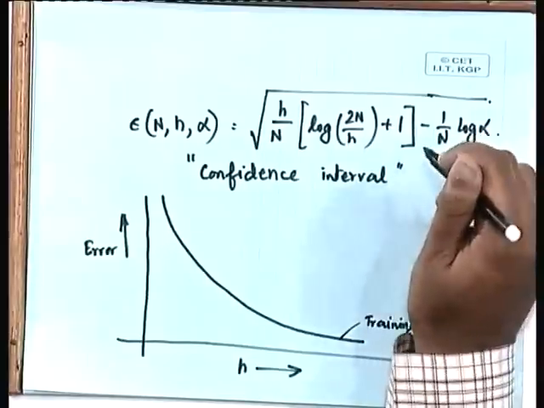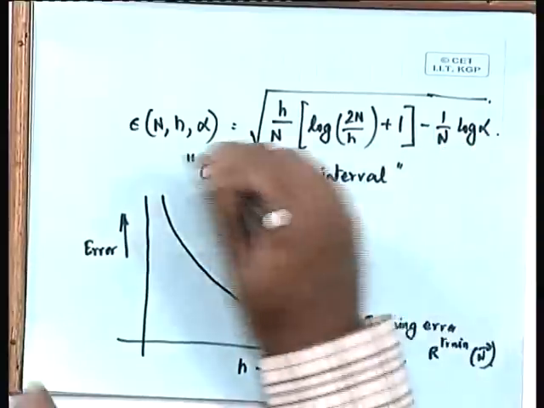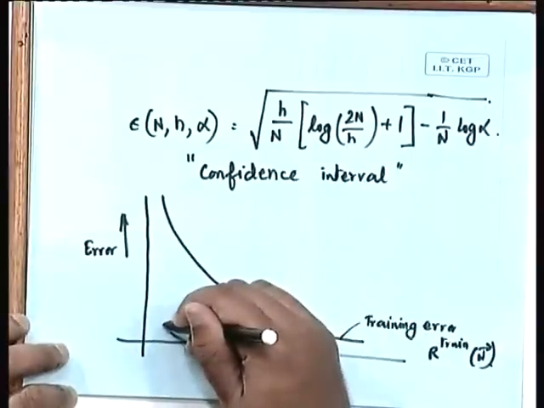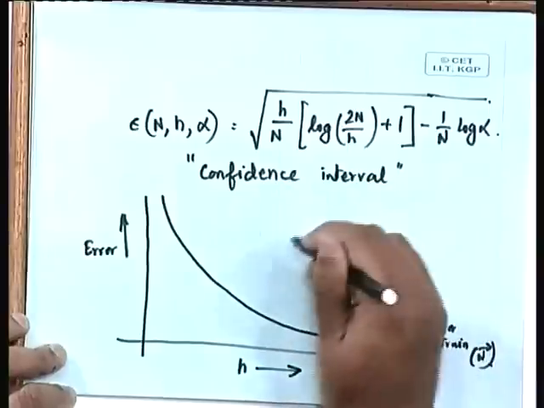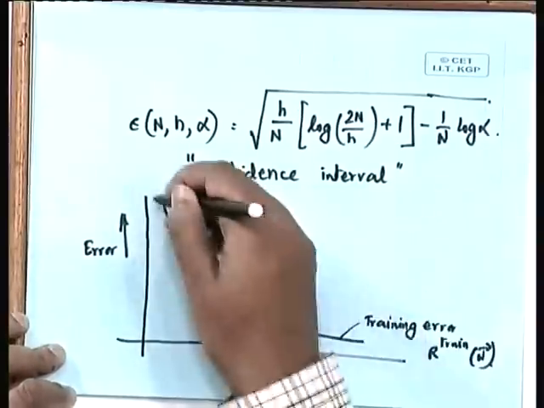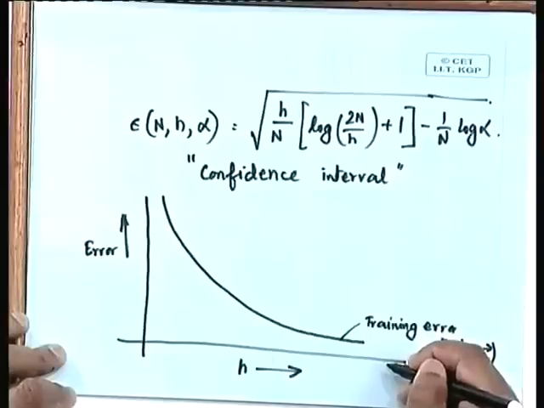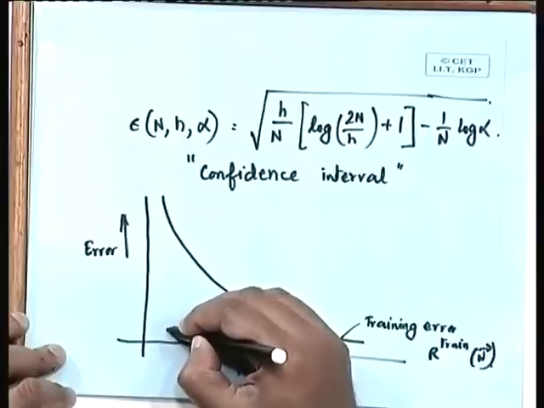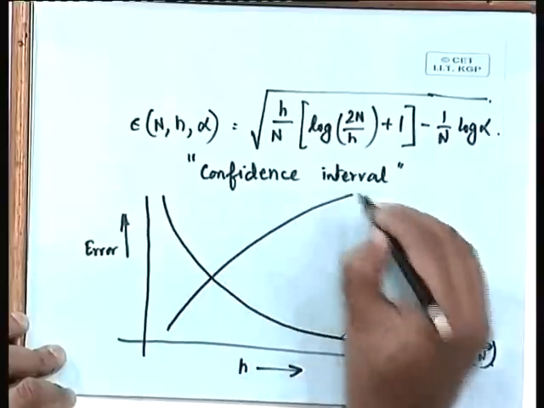So with the increase of h, epsilon monotonically increases. So the epsilon characteristic with h, or rather the confidence interval, should monotonically rise. In the case of training error, it was monotonically decreasing, whereas in the case of confidence interval, it should be monotonically increasing, something of this nature.